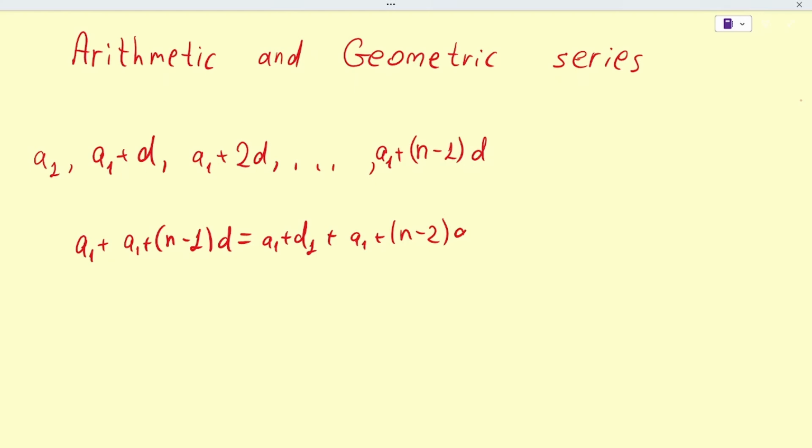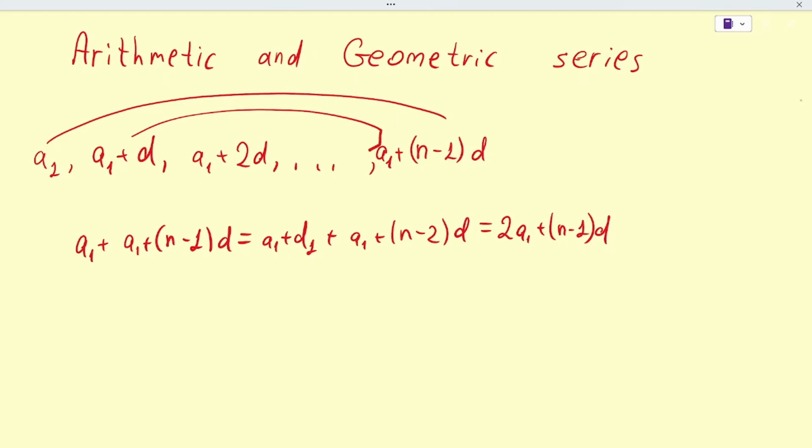And now we will use this property to show that the total sum of the first n values will be computed as 2 times a1 plus n minus 1 times d over 2 times n. As we know, this kind of pairing, the first one and last one, second and second from last, all of these will give us 2 times a1 plus n minus 1 times d as the sum.